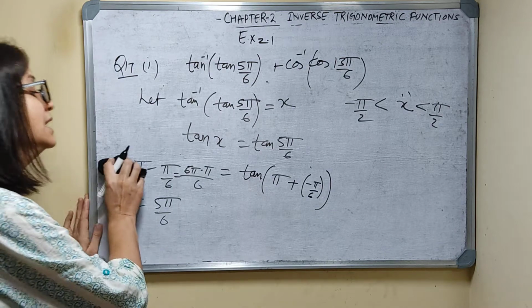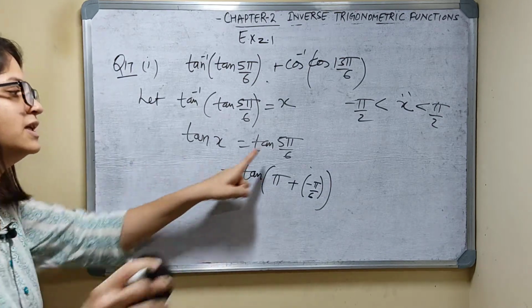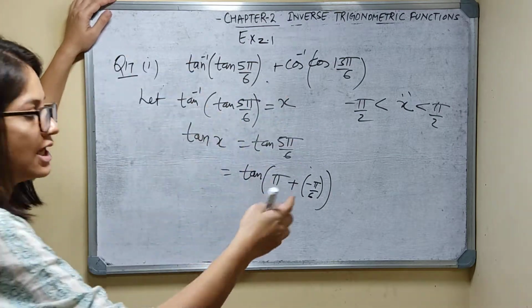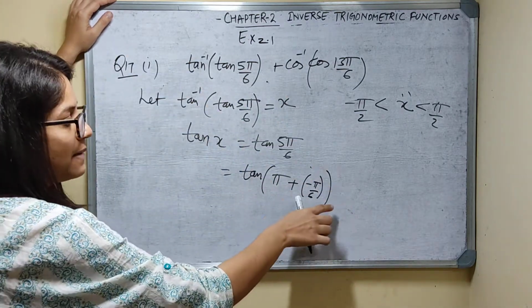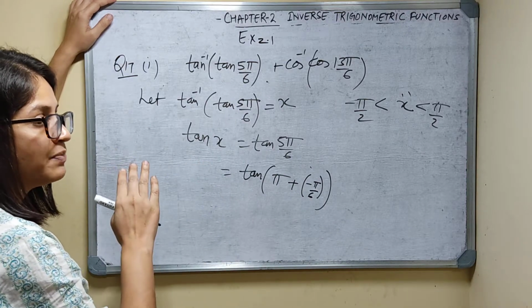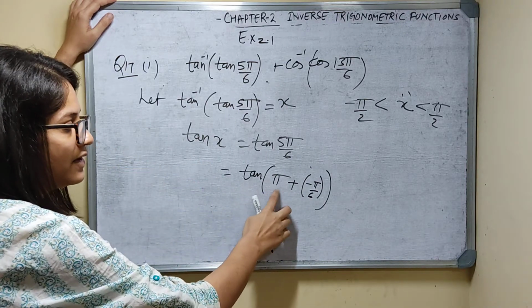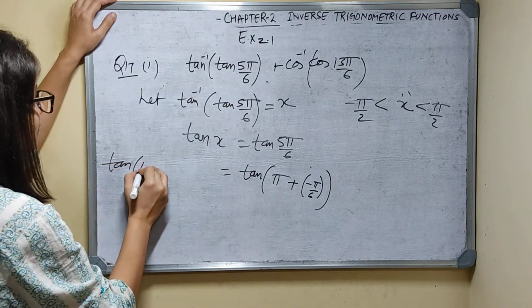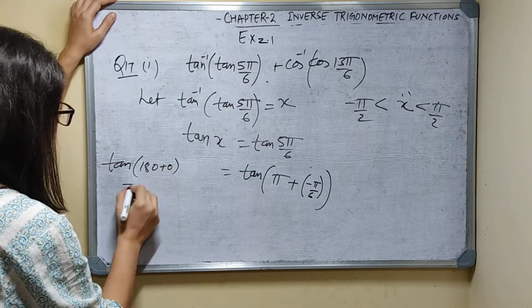Like this also you can think that tan is positive in the third quadrant, so I am writing tan of 180 plus theta, so 180 plus minus pi by 6. I am writing negative because if I write 180 plus the positive angle, it will be a very large value. I know tan of 180 plus theta is tan theta only.